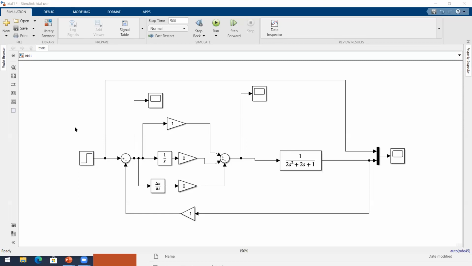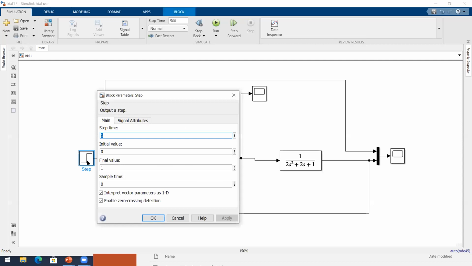It can have the desired output value. So this final value is the desired value. It can be 1, it can be 1000, it can be 500, it can be any value that is the desired output. For simplicity, I put it as 1.